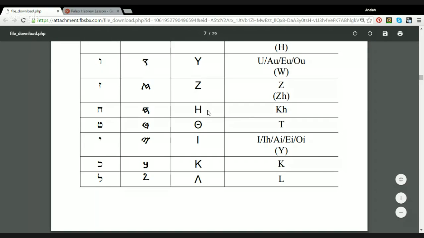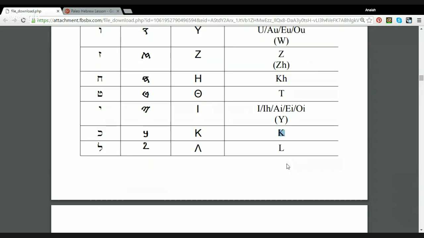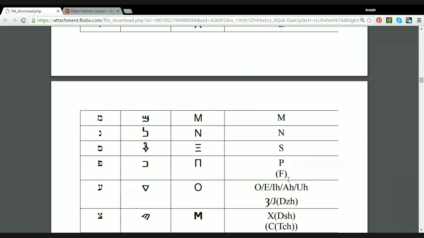KH, they do this pretty much as KH. Then they do this as a T in Aramaic, and all the basic dialects similar to it. For Yod, it's E, I, A, Oi, and Y. All those sounds. Then K, L are the same. M and N is the same.